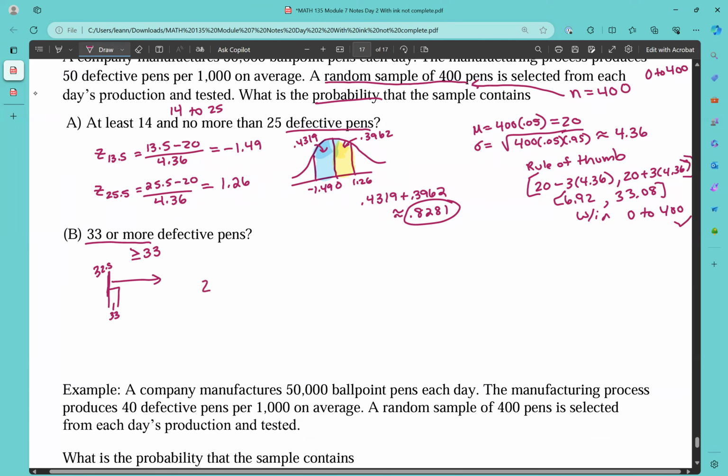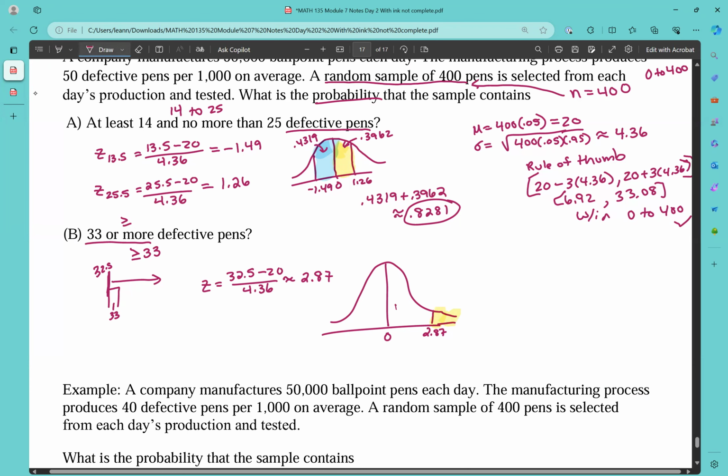So my z-score is going to be 32.5 minus 20 over 4.36. And that gives me a rough z-score of about 2.87 when I rounded it. Draw a picture of what that looks like. Here is 0. Here is roughly 2.87. It's going to be close to the end of the curve. And then we want the or more. That means greater than or equal to, right? So we are looking at the area above this little mark.